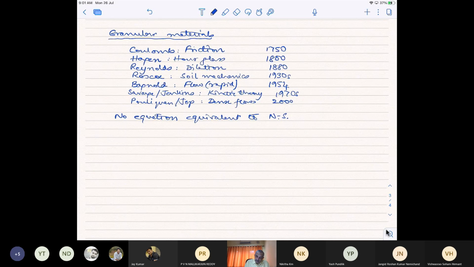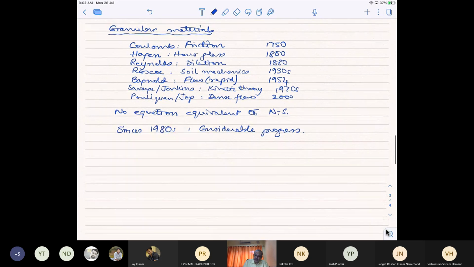But over the last 2 decades, since the 80s, there's considerable progress in the development of the field.